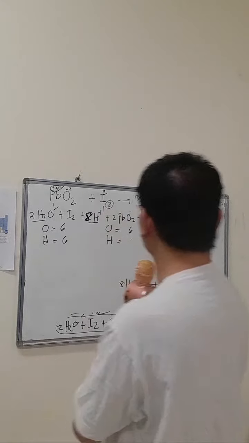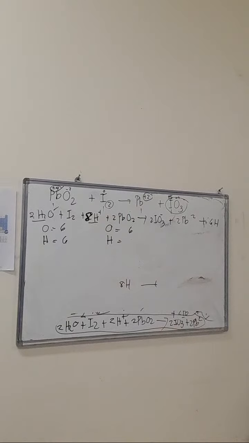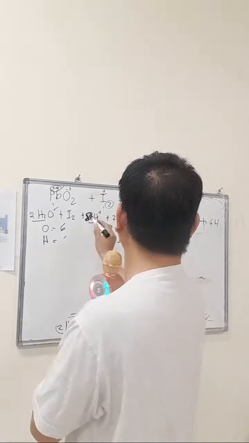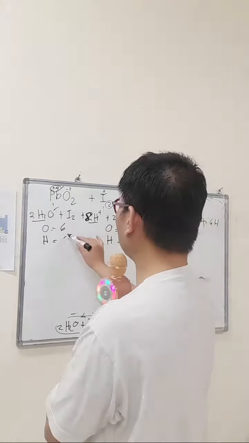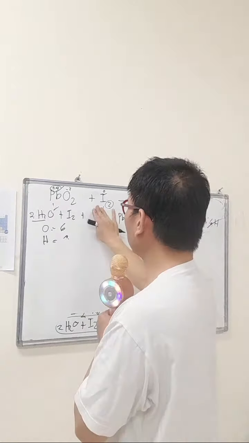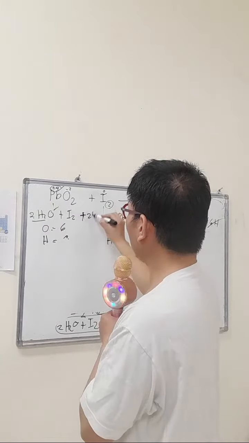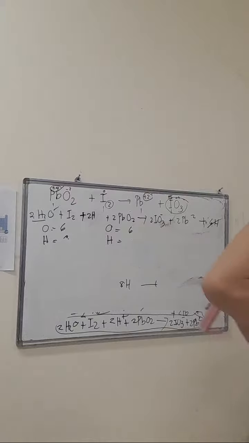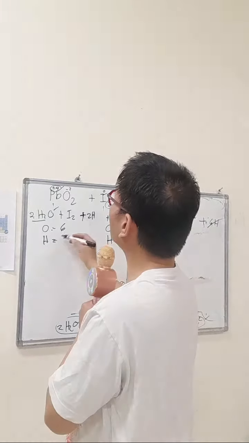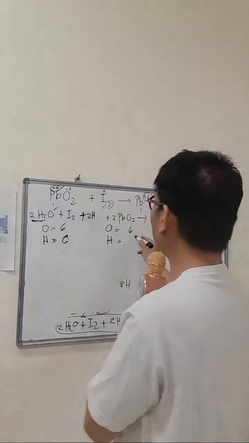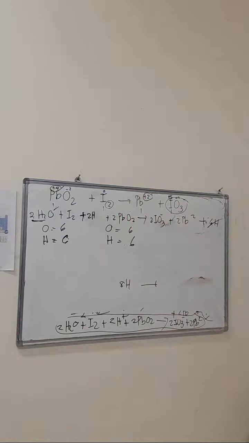So hydrogen 4 plus 8, 12. And then you cancel the 6H and 2H will remain here. 2H. And then hydrogen is 4 plus 2, 6. Hydrogen is 6. Balance.